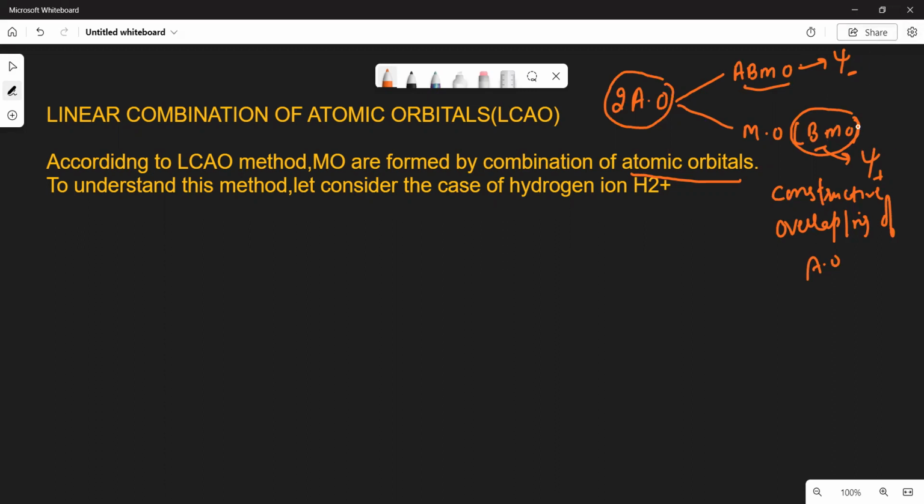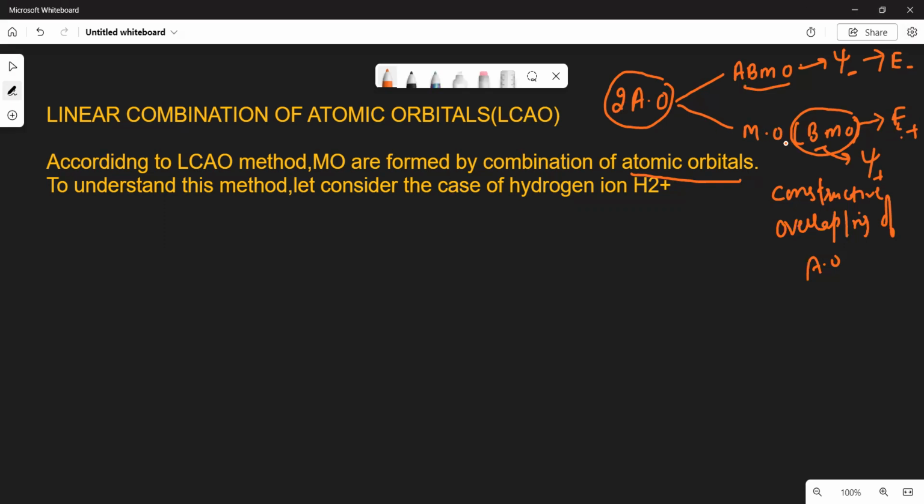These bonding and anti-bonding molecular orbitals are associated with some energy. Suppose the energy of the bonding molecular orbital is E plus, and the energy of the anti-bonding molecular orbital is denoted by E minus. Plus represents constructive overlapping, and minus represents destructive overlapping.